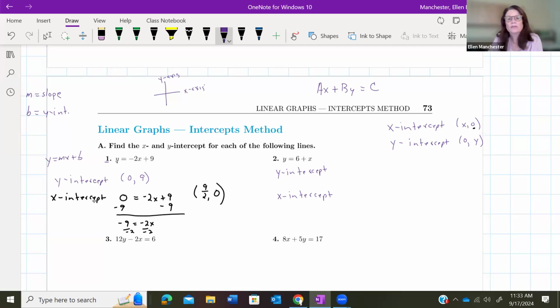All right, so what's your y-intercept? Okay, 0, 6. Perfect. There's your plus b right there. The x-intercept is when your y is 0. So you're solving for x. So we subtract 6 from both sides, so we get x equals -6. So your x-intercept is when y is 0, and then when you solve, you get -6. So there's your 2 points.